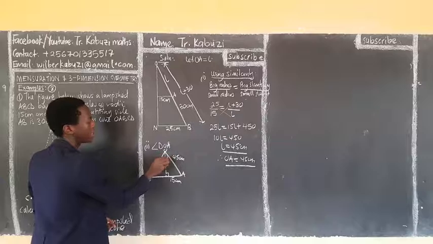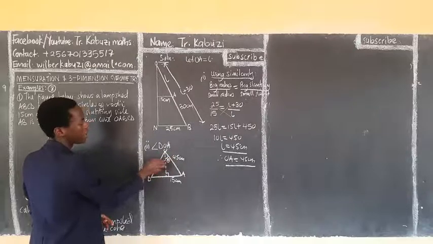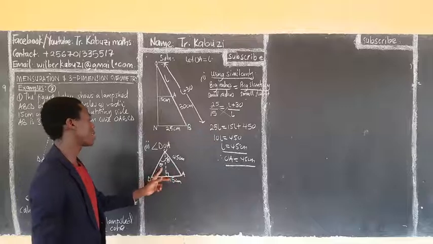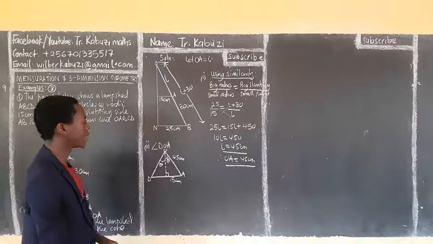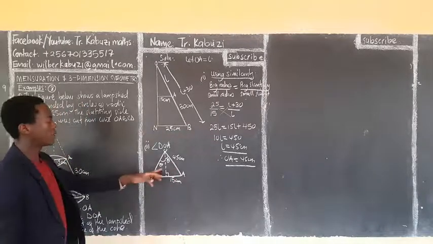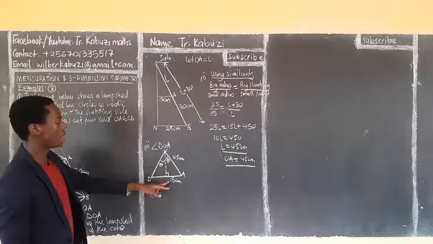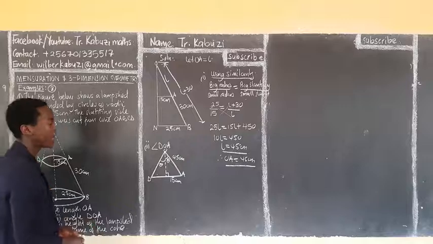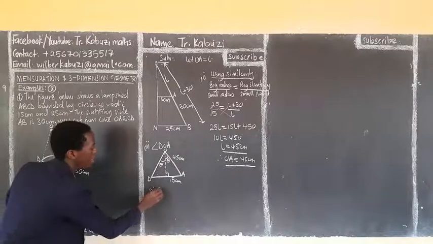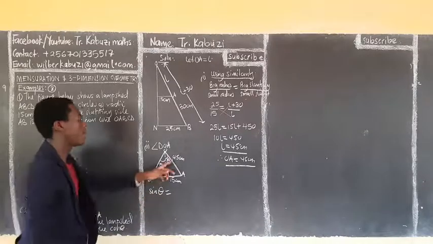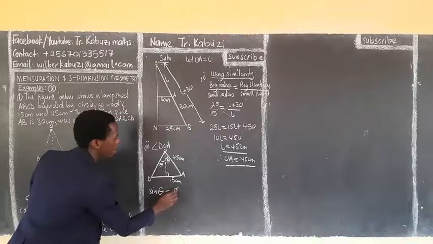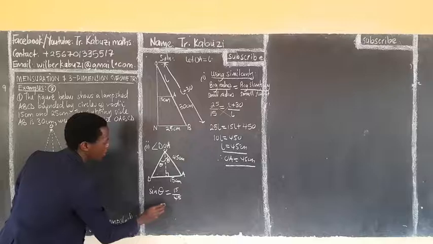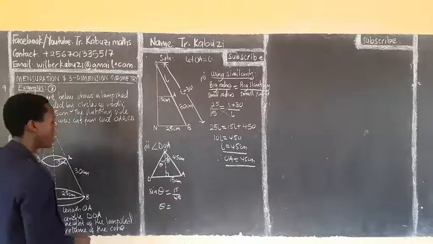So if this is theta, then this one is also going to be theta. I just need to get one theta, then I multiply it to get the whole of that. To get this angle, we have the opposite and the hypotenuse, so you can use sine. My sine theta is going to be the opposite, which is 15, over the hypotenuse, which is 45.